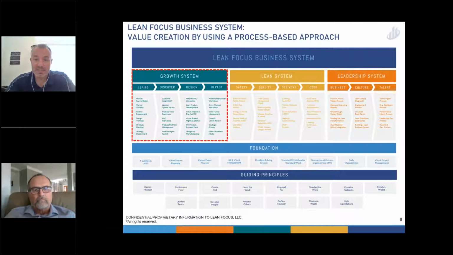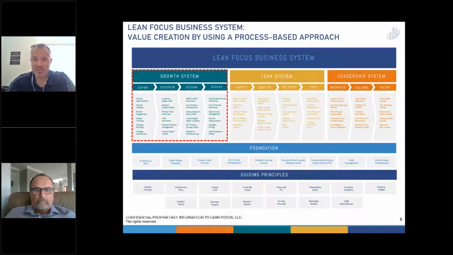Additionally, there's a lean system, which is aimed at the operational continuous improvement. So you think of traditional safety, quality, delivery, and cost that improve the four walls of a factory. And then all the cultural tools that we have to bring to bear in order to change the culture and the people in the organization in order to make it all go. And then, of course, at the foundation are the bedrock principles of how we work.